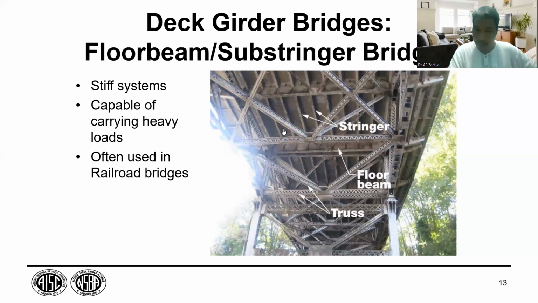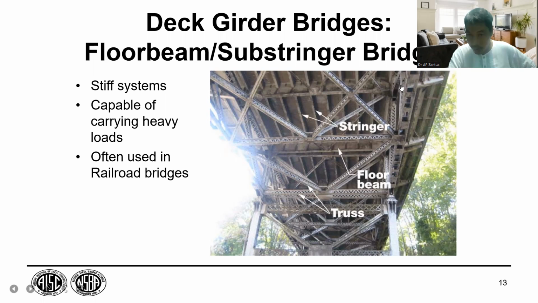The horizontal, this one, in your screen, the horizontal part. They are all horizontal, but in the picture, considering your point of view, this is the floor beam. This is the floor beam. This is the floor beam. Right?